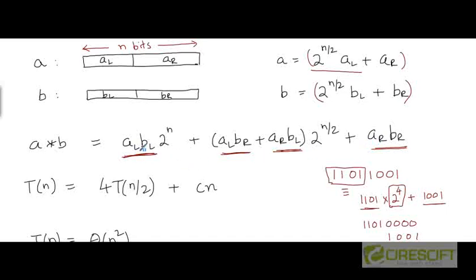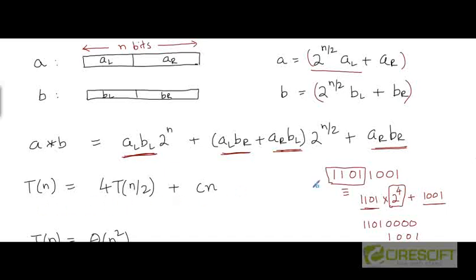So we can write the total time required to combine these terms into the overall result as c times n. So in this divide and conquer strategy, we are going to end up with a running time t of n that's given by 4 times t of n by 2 plus c times n.